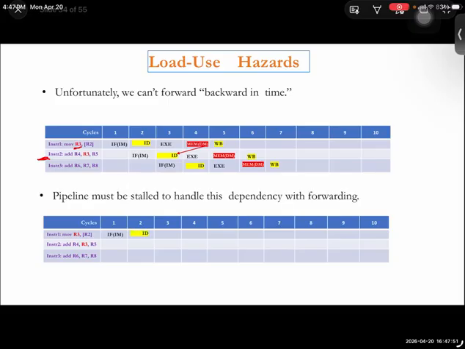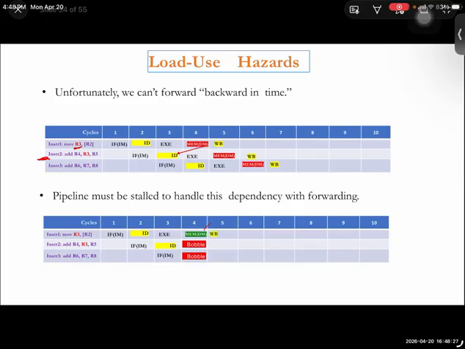At the third stage, instruction 2 enters into the instruction decode stage. At the fourth stage, the data will be read from the memory that is not yet updated in R3. So instruction 2 stops its execution in the pipeline. Then all the following instructions also stop their execution, like instruction 3.